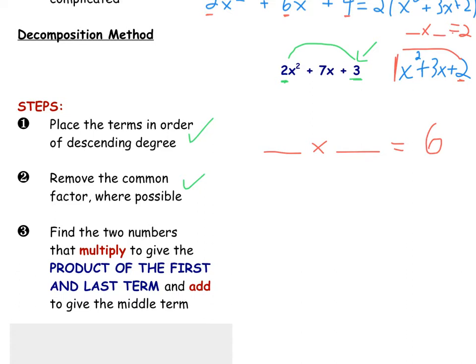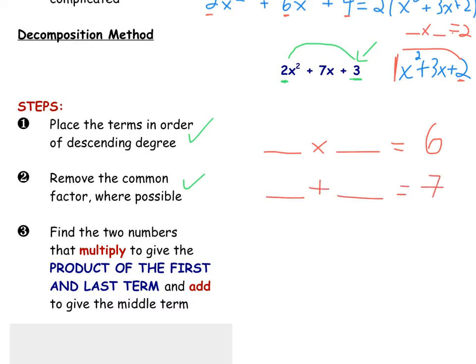So now, because the coefficient of my squared term is no longer 1, I need to multiply by that value as well. So 2 times 3, so two numbers that multiply to give me 6, but also add, and this part stays the same, they will add to give me 7.